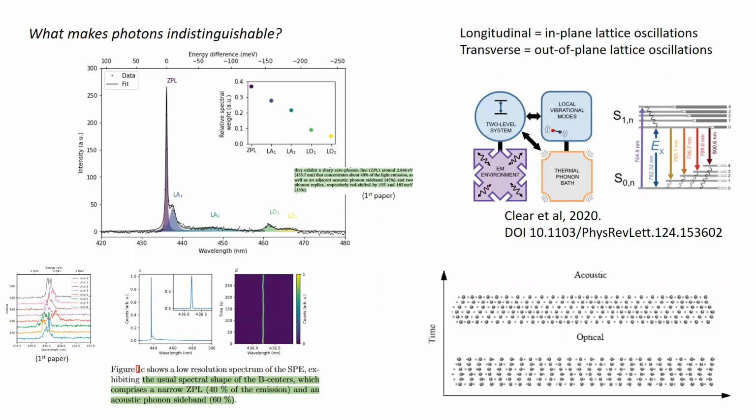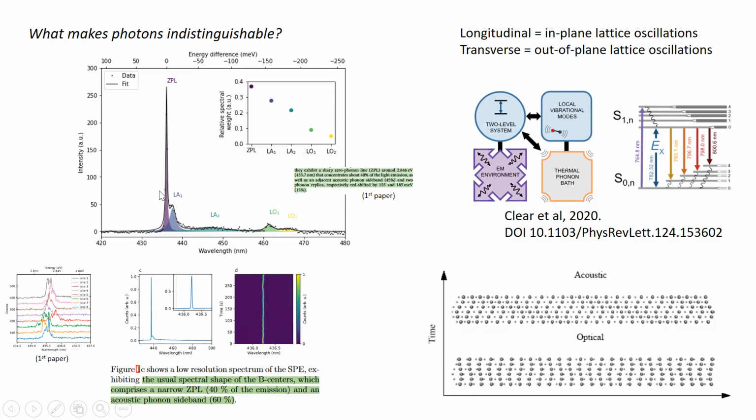For this experiment, we want indistinguishable photons, and the photons we get out of our single photon emitter, some of them are high quality and good for this experiment, and others are not, by virtue of the fact that they have been produced in concert with an interaction with the lattice, which produces phonons.